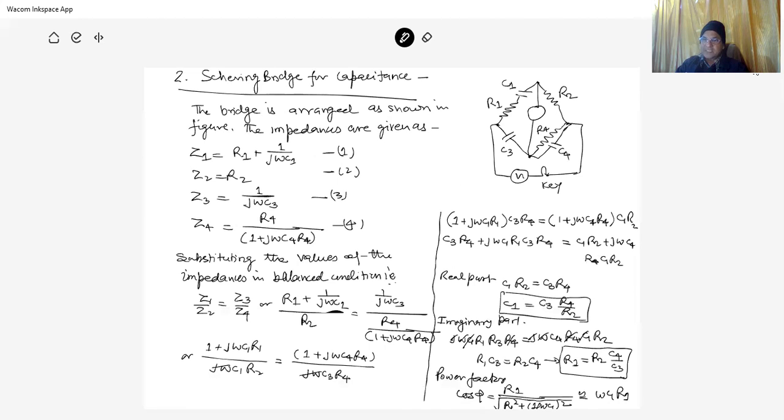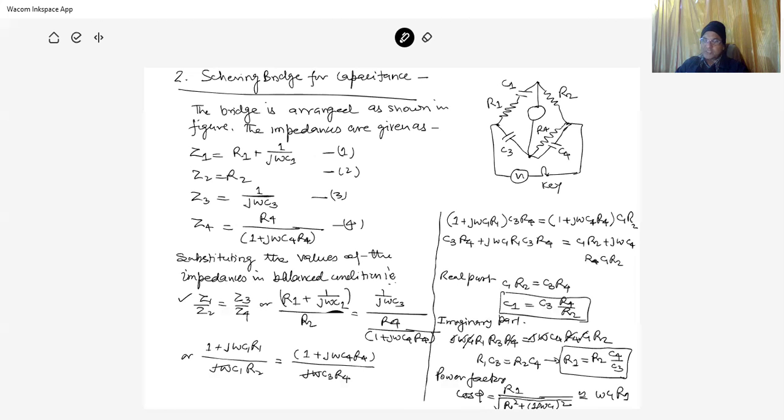Again, substituting these values Z1, Z2, Z3, Z4 in the impedance balance condition, we find R1 plus 1 upon j omega C1 R2 is equal to 1 upon j omega C3 upon R4, this is R4 upon 1 plus j omega C4 R4.